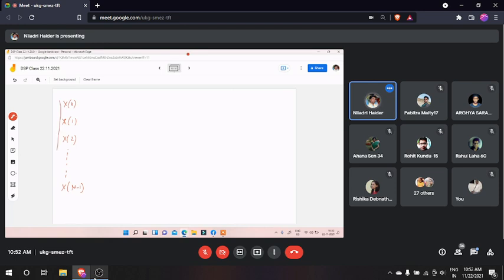This is your input in a matrix, and this is your output in matrix format. So from here, that will be your matrix multiplied by the input x0, x1, x2 up to xN-1, and that is k.